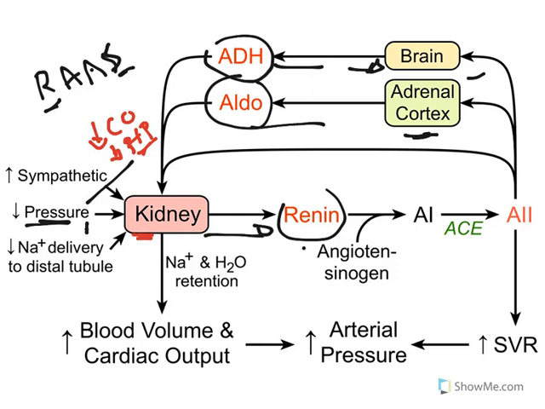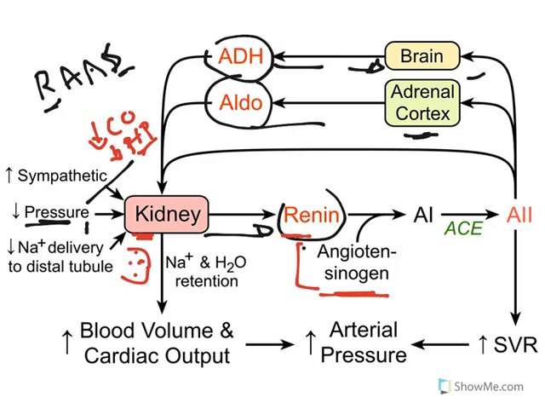The kidney will sense that. In the glomerulus we have a sensor that senses the reduction in blood pressure, and then it produces renin. Renin will activate angiotensinogen, a protein produced by the liver.